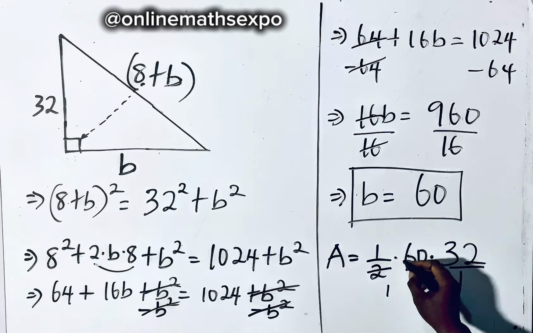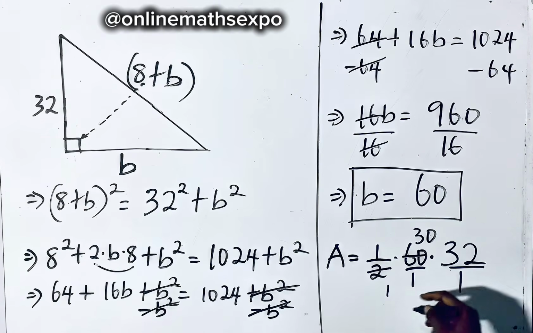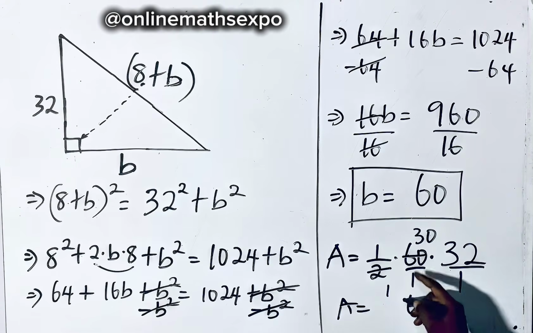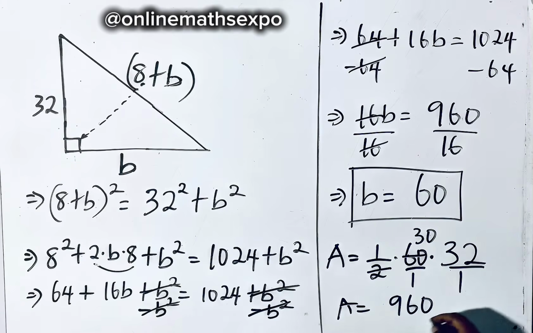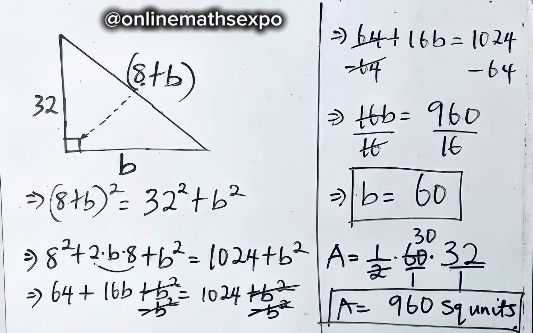So 2 here is 1, 2 here is 30. 3 times 2 gives us 6, 3 times 3 is 9. And this gives us 960 square units as the area of this triangle.